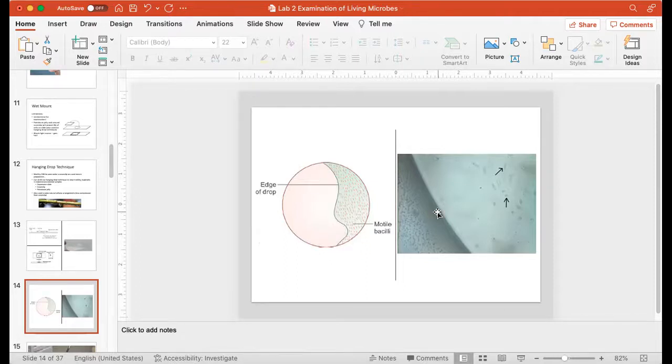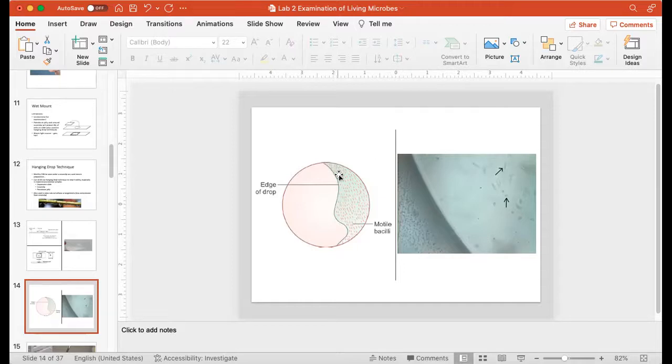If you look over here on this image on the right, this is an actual view. We're only looking at part of the edge here, but this is the edge of the drop, and here's the rest of the field of view. So this is the droplet over here. This is the edge of it, and that's where we're going to see most cells, right near the edge.